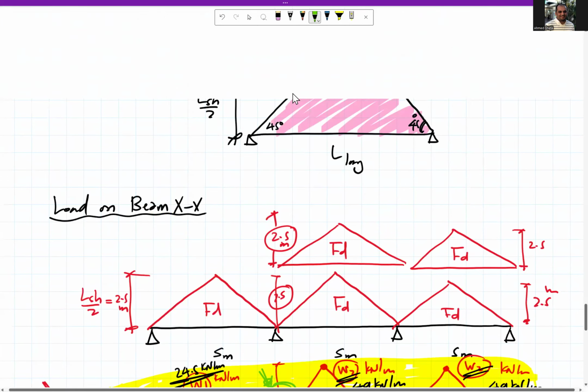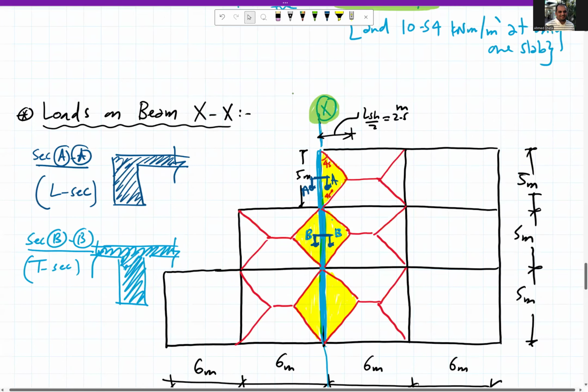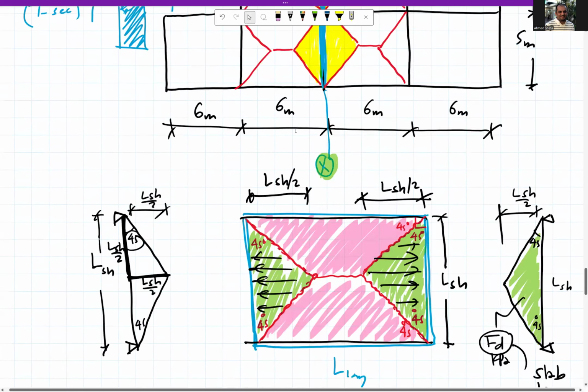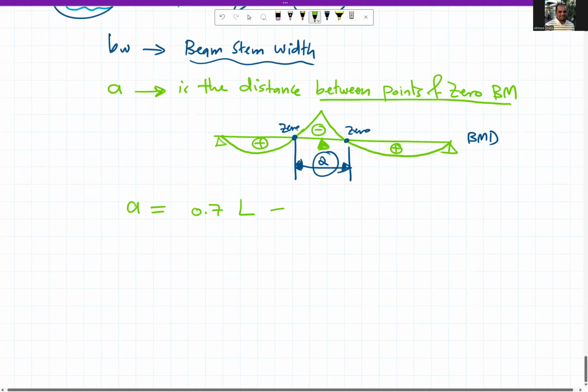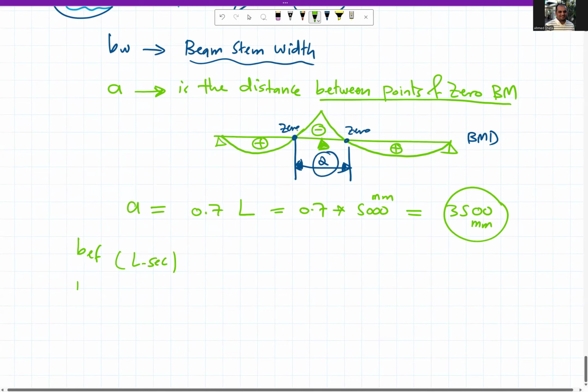L here is our span of the beam, which is 5 meter. So A in our case will be 0.7 times 5,000 millimeter equal to 3,500 millimeter.